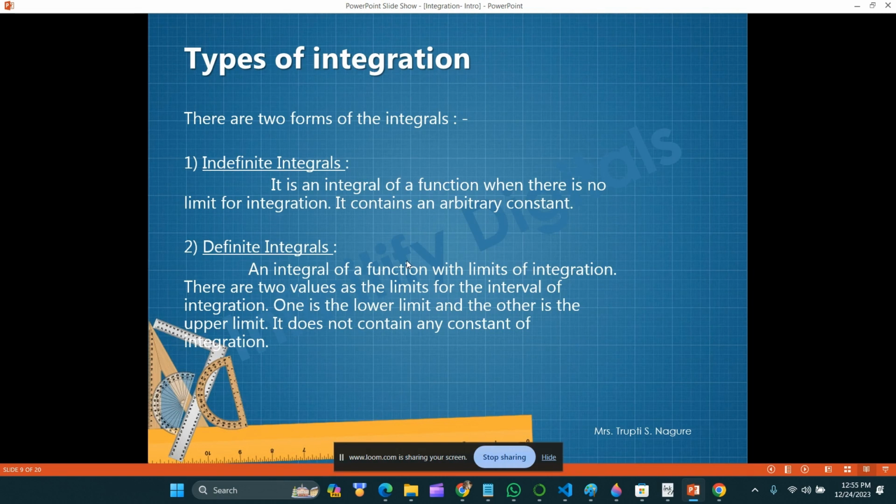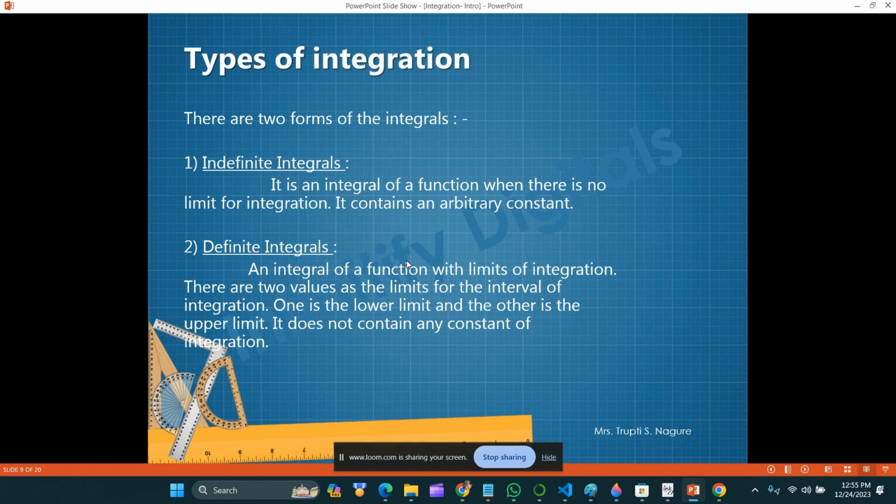Next, the second type is definite integration. It is the opposite of indefinite, meaning it has some limit. There are two values for this limit in the interval of integration: one is called the lower limit and the other is called the upper limit.